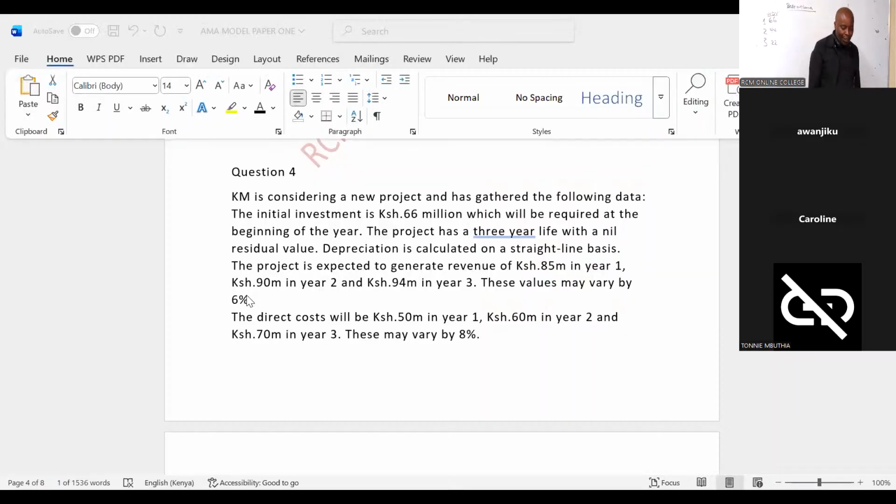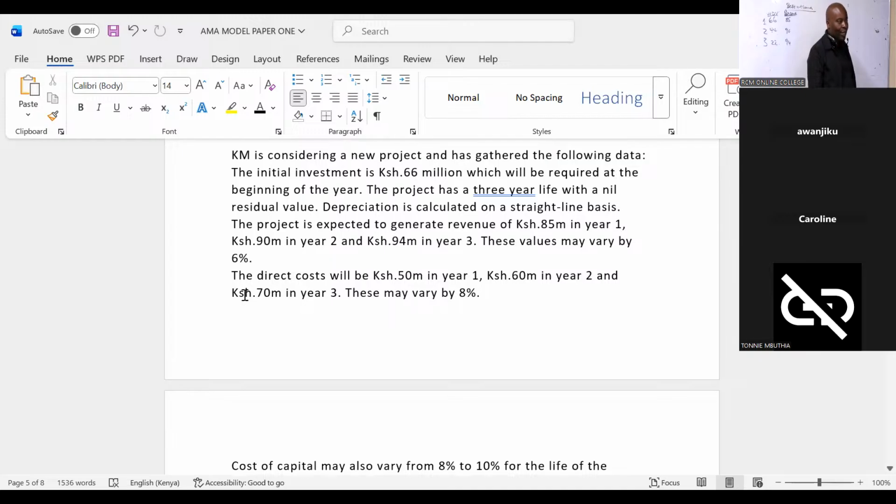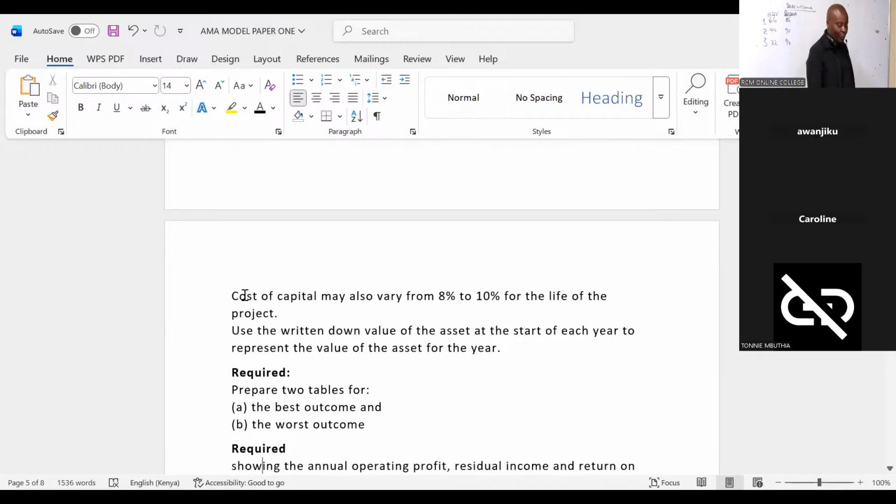So we are told here that the project is expected to generate revenues of 85, 90, and 94 in year 3. These values may vary by 6%. Varying means here it could either increase by 6% or reduce by 6%, either way.